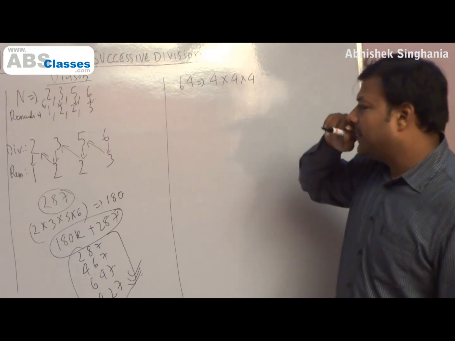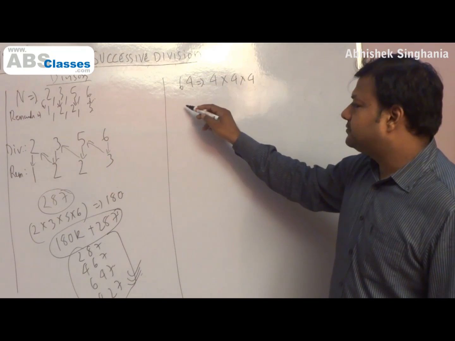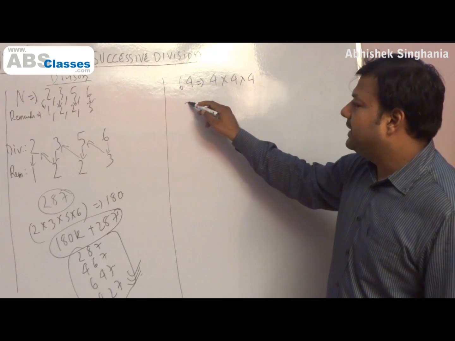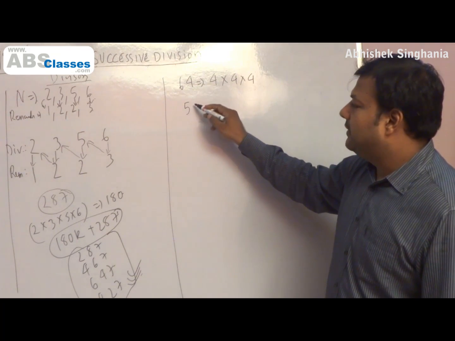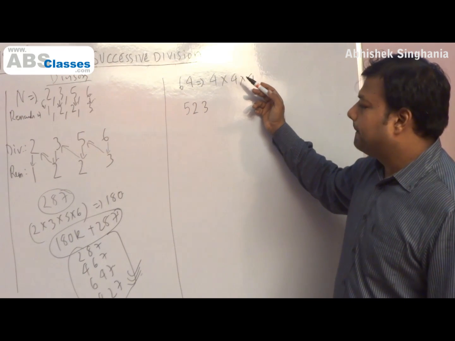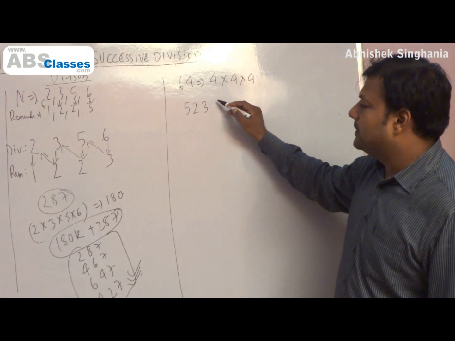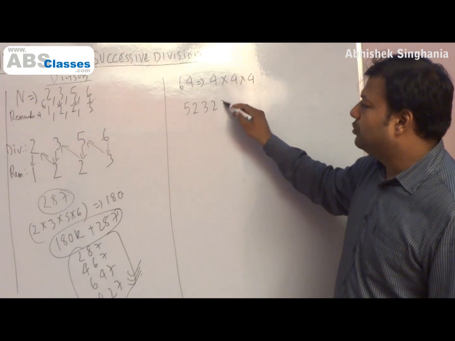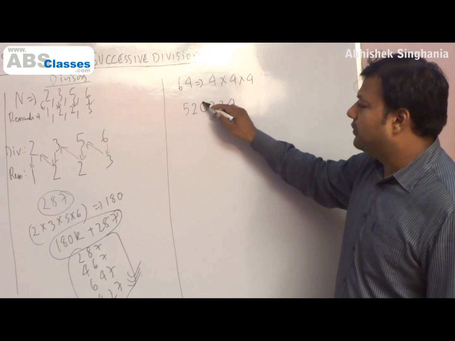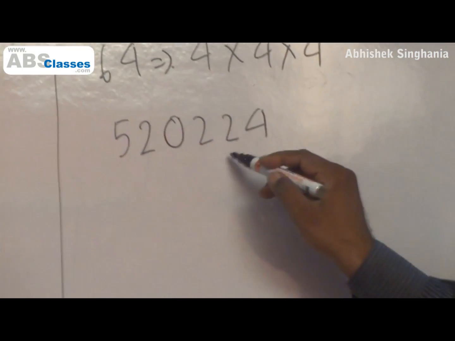For example, say I take 520324. Now this is the number.